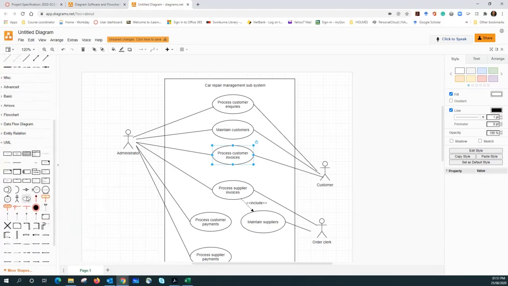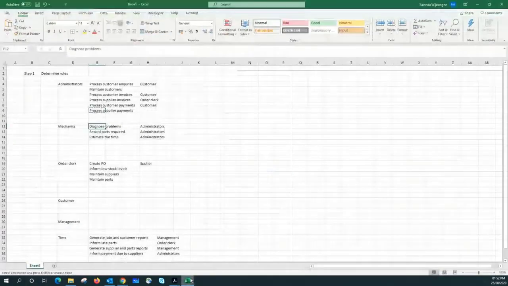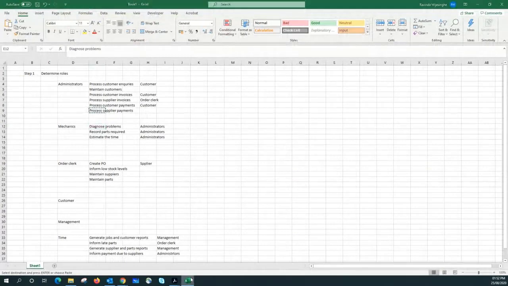in this diagram. Let me make a smaller use case here. So what is the name of the use case? Diagnose problem.